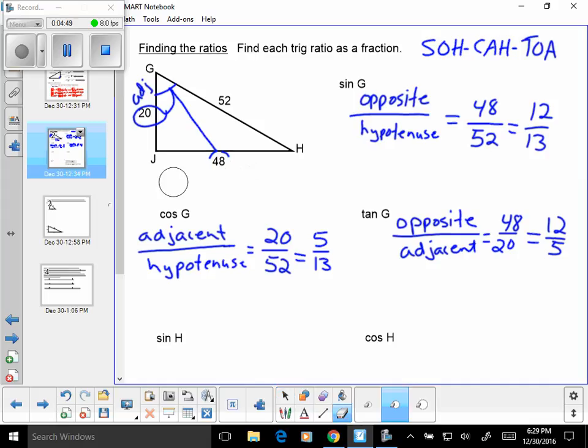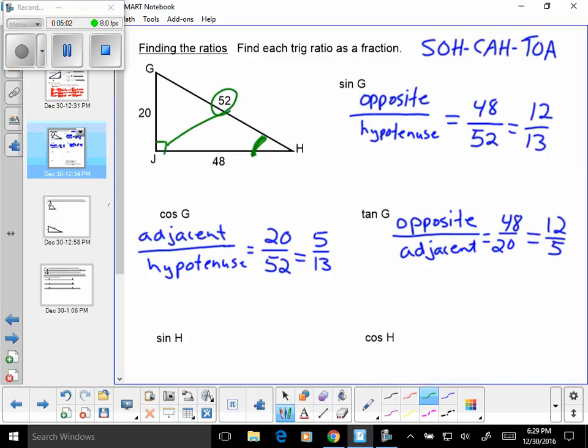Now, here's where it gets a little sticky. In the next part of this, I want the sine of angle H, which is over here. Now here's my right angle, so this is still the hypotenuse. But if I'm working with angle H, the 20 becomes opposite.